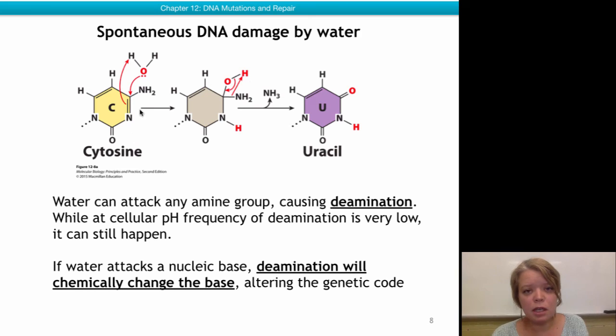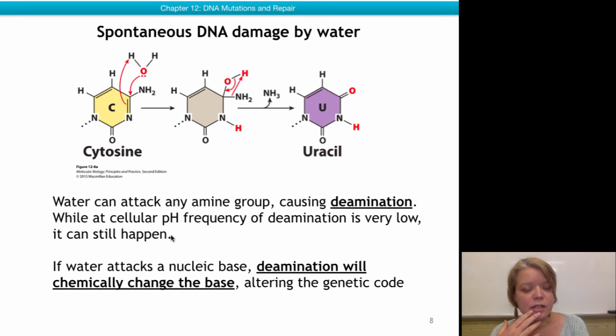In this case, if this deamination reaction occurs with a cytosine base, it will change the cytosine base to a uracil, because the only difference between a uracil and a cytosine is that the cytosine has an amino group and uracil has an oxygen group here.